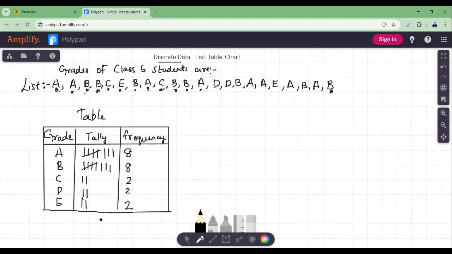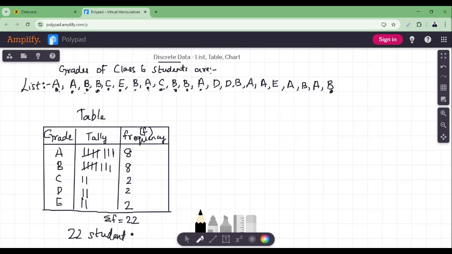Frequency is symbolized by f. Now, just by doing sigma f, the summation of all the frequencies, I get 22. That means there are 22 students in the class in total.